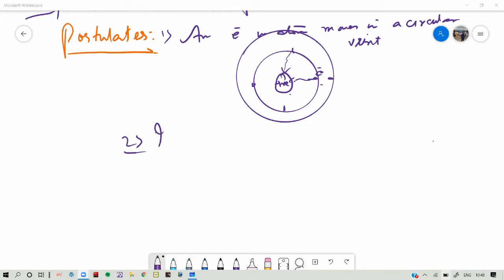It will move only in an orbit for which its orbital angular momentum L is an integral multiple of h by 2 pi.